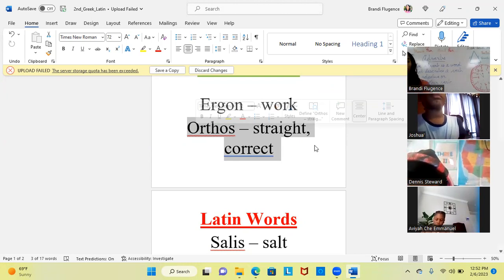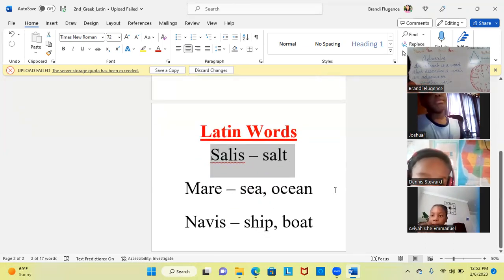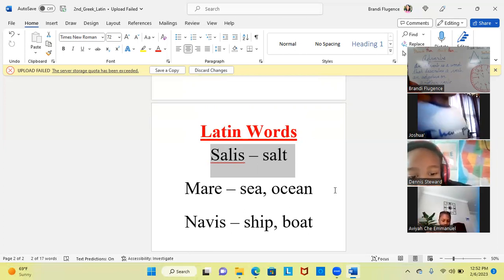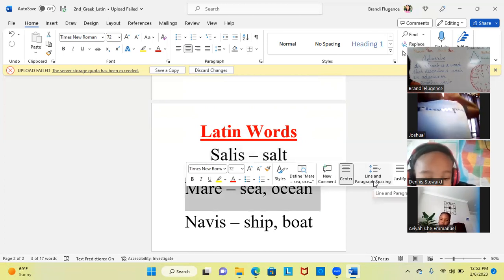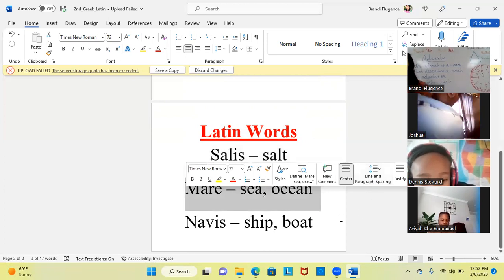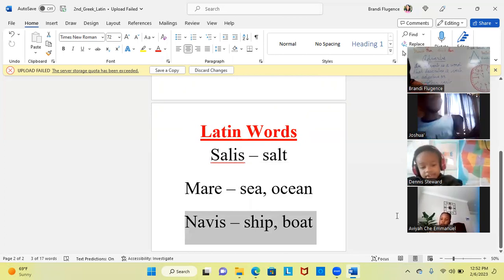Latin words, salis. Salis means salt. Next one, mare. Mare means sea and ocean. And then navis. Navis means ship or boat.